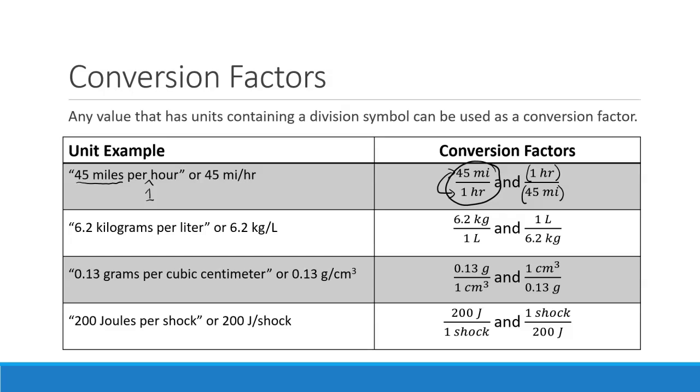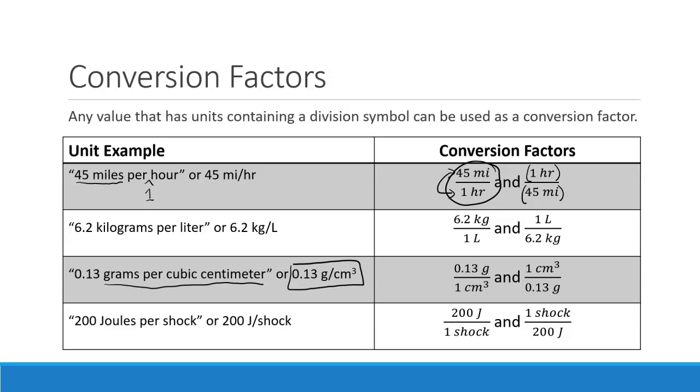Another example, one that we'll use several times this semester, is grams per centimeter cubed, or grams per cubic centimeter. Those are units for density. Most of the time when you see density in a problem, it's going to be given to you more like this, the 0.13 g/cm cubed.